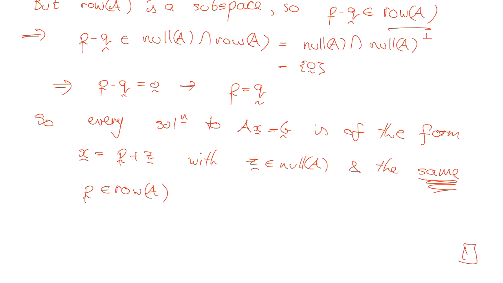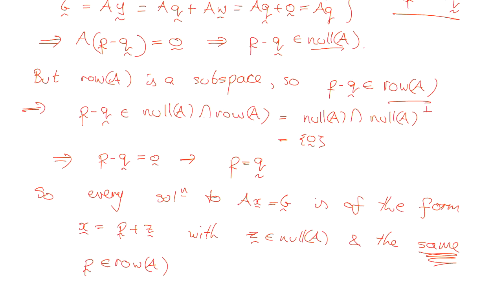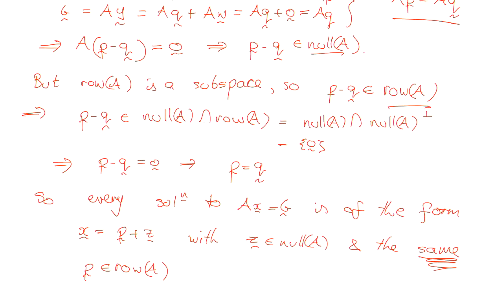Okay? So the point here is that we've got this one-to-one correspondence between the P's and the B's. Right? For every B in the column space, you get a unique P in the row space. So the row space and the column space are really talking to each other.